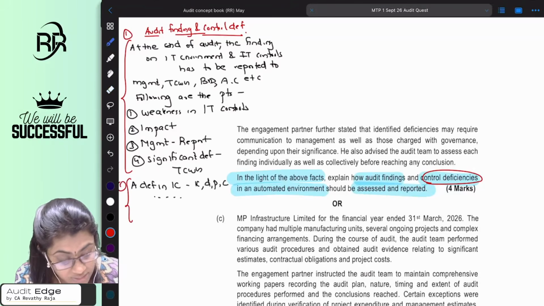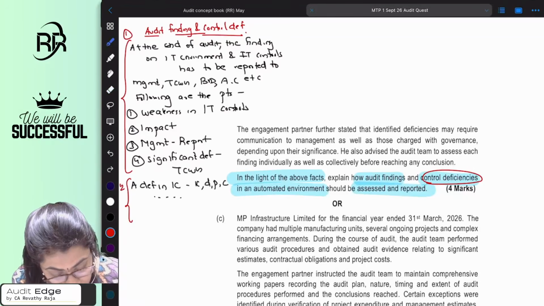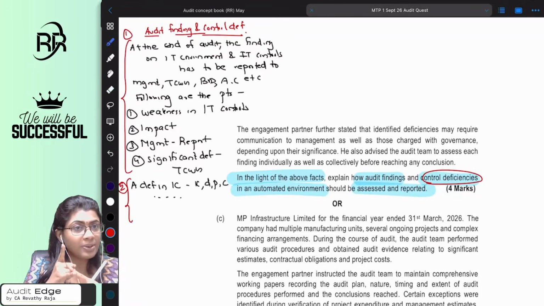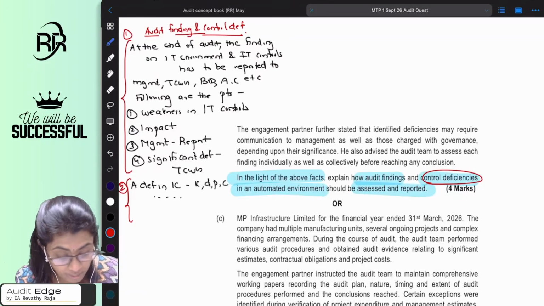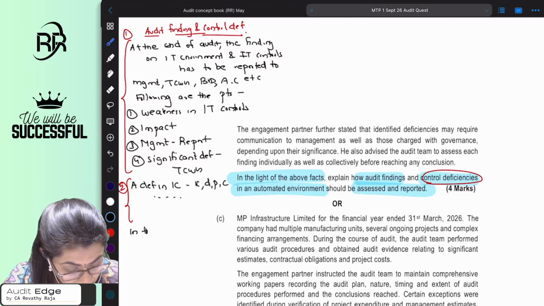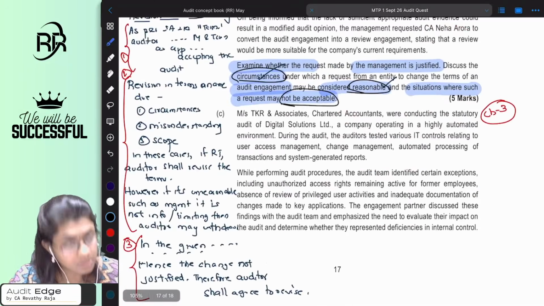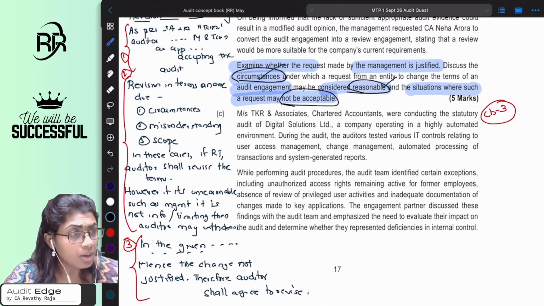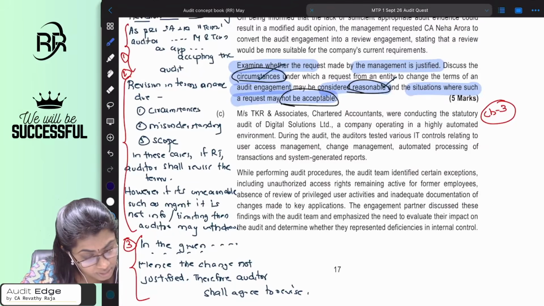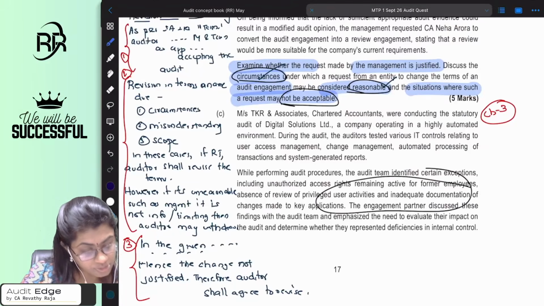There are two deficiencies, okay? What are the two deficiencies? One, control is there but not operating effectively. Two, control is missing. Full sentence you have to write with full para. Then you'll write in the given case. In the given case, what has happened? That case study you have to write, in the given case while performing audit procedure.